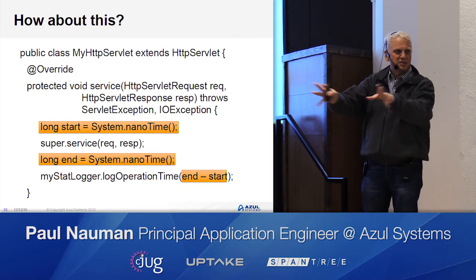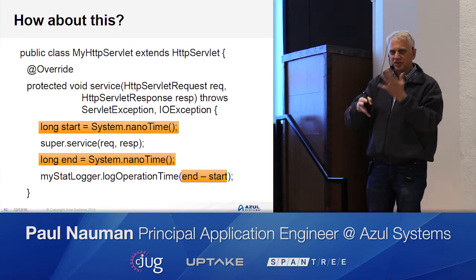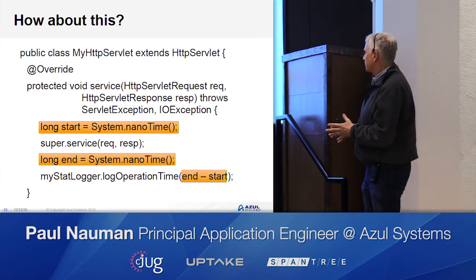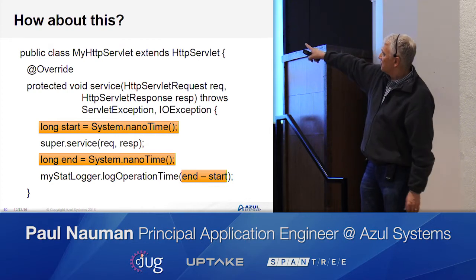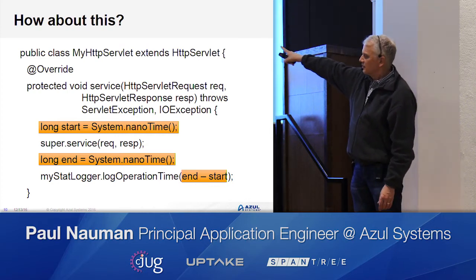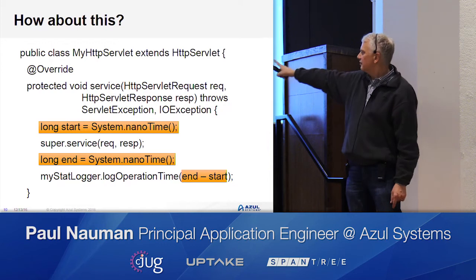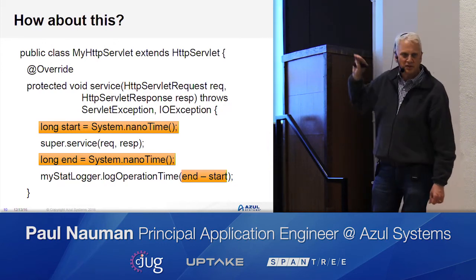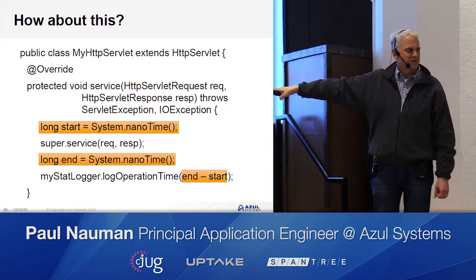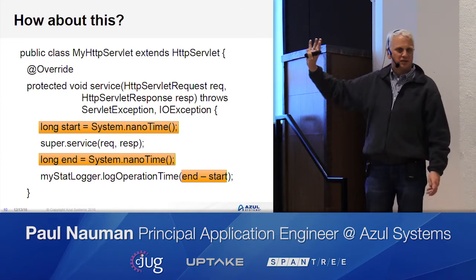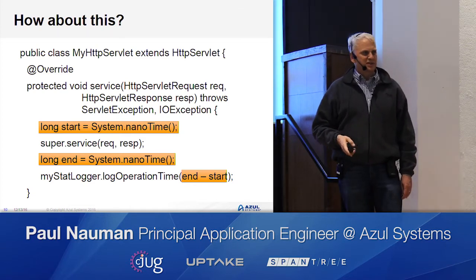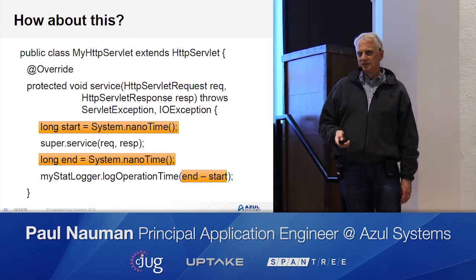From there, they get dispatched out to either the puts and gets and posts and so on. So what we do is we simply bracket this with our time: capture the time at the beginning, service the request, capture the time at the end, and again, log the thing. Anybody see a problem here?